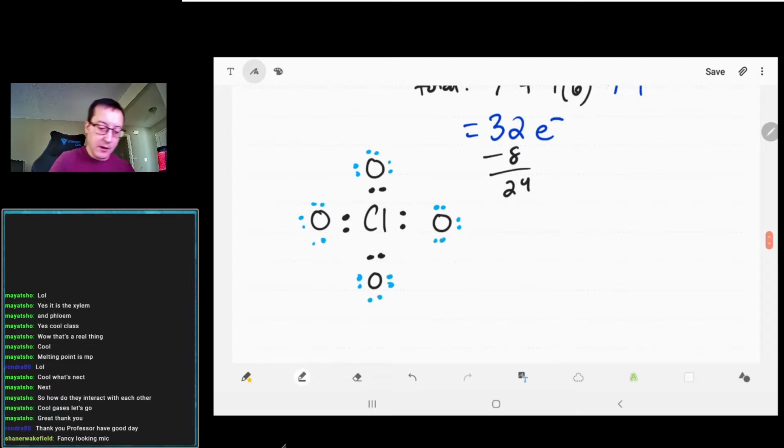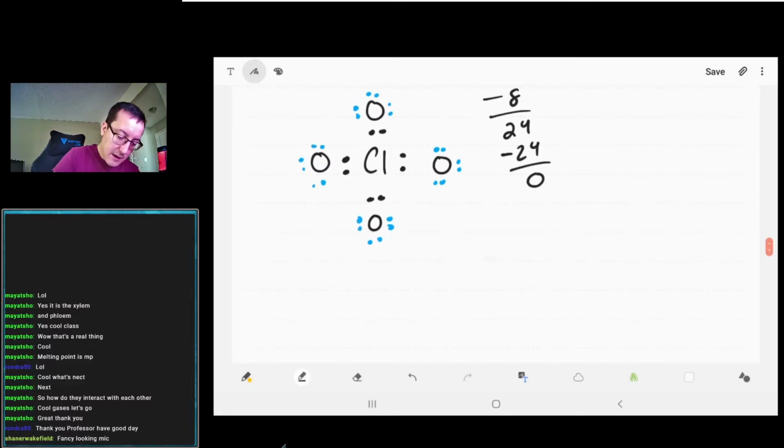And so we have now used all of our electrons. We have none left. Looking at this, it looks like, okay, all of our atoms have octets. They have 8 electrons each. Everything looks happy. If we go ahead and do that, that would look like this.